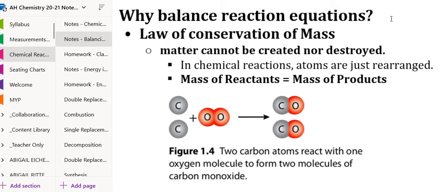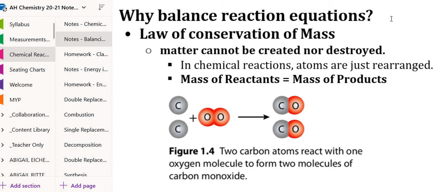So the way that we show that is by making sure that there's the same number of each atom in the reactants and products. So if we look at this reaction, how many carbon atoms do I have in the reactants? 2. And how many carbon atoms in the products? 2. So carbons are balanced, do we agree?